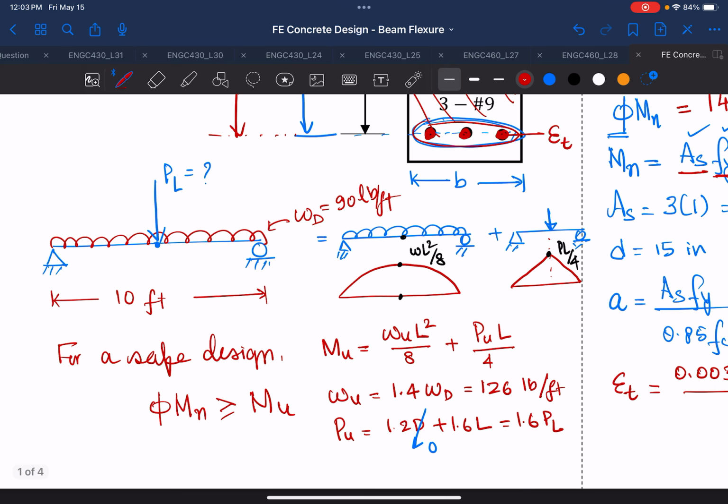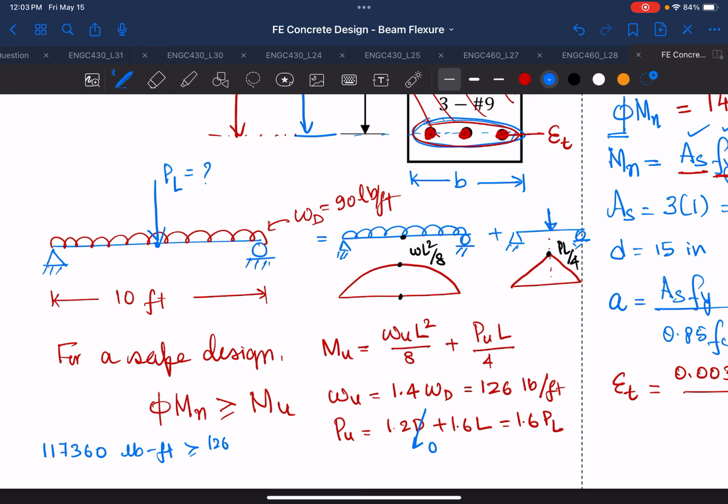So by using this equation, phi Mn, which we found here as 117,360 pound feet, should be greater than Mu. I'm not going to write a unit.